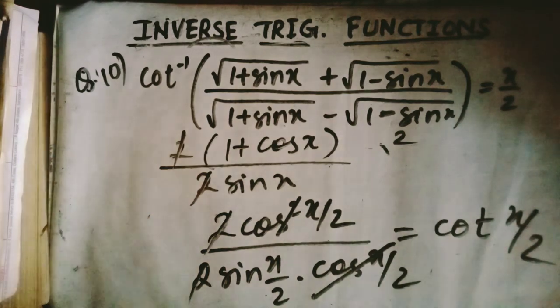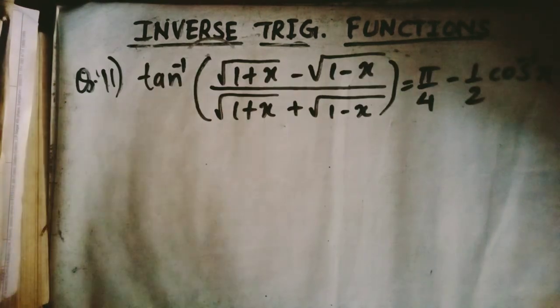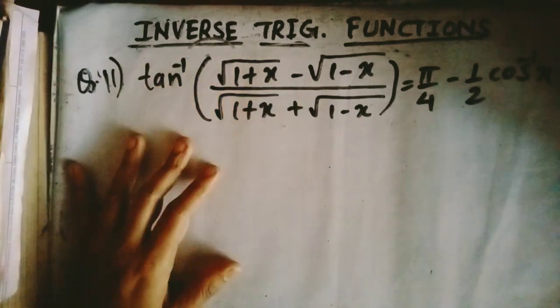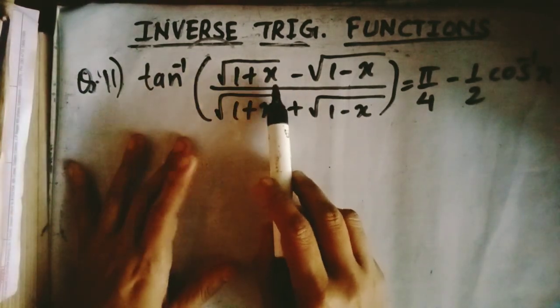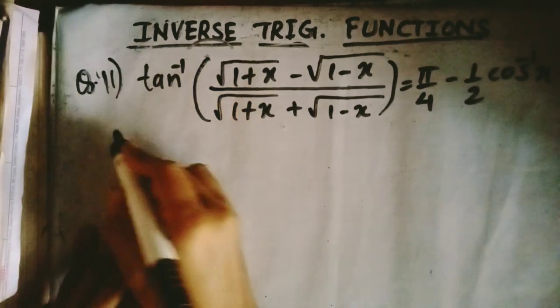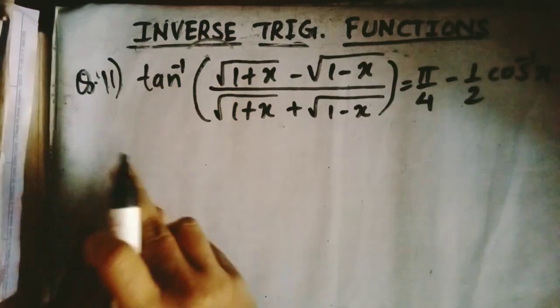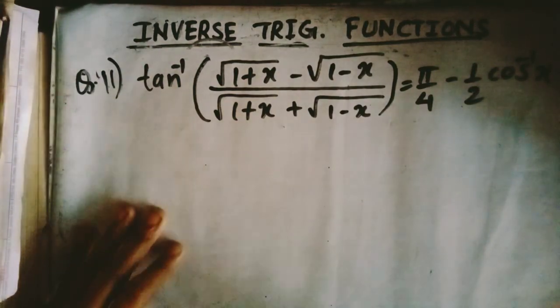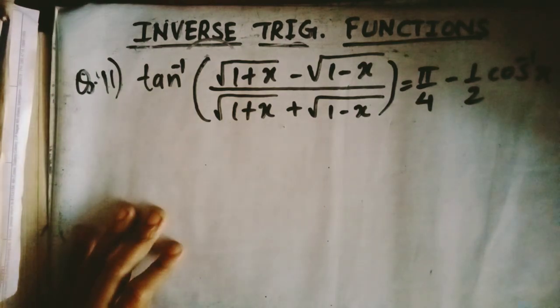Okay, let's prove this. So looking at this, you should understand that this x will be your cos 2 theta. Whenever this type of equations are given, you have to use certain trigonometric identities which you should remember.